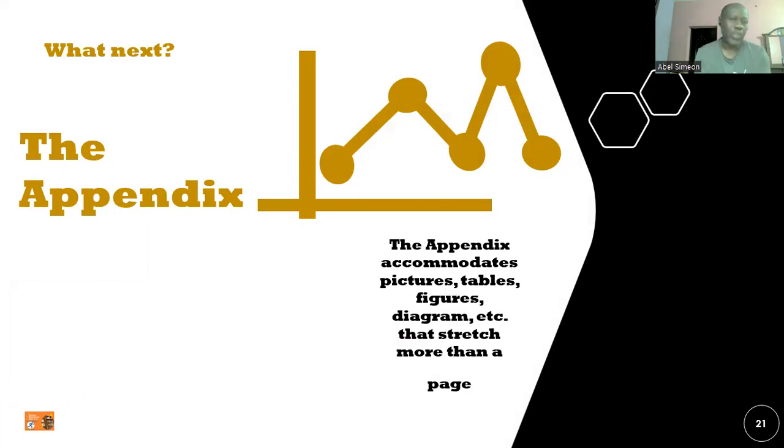If it is within a page, no problem, because every work is paginated. But if your table, figure, pictures, or diagram is more than a page, please push it to the appendix so that it does not distract the reader.